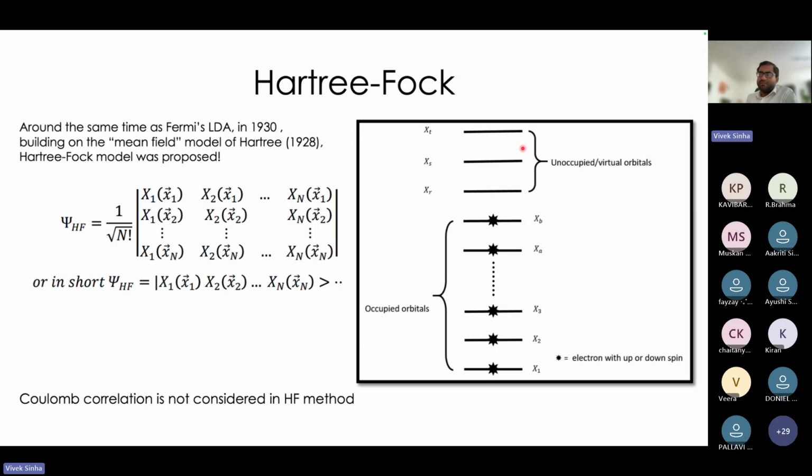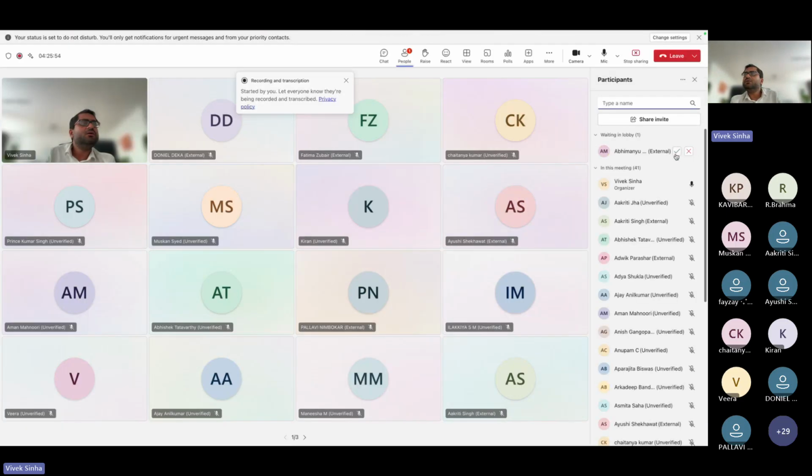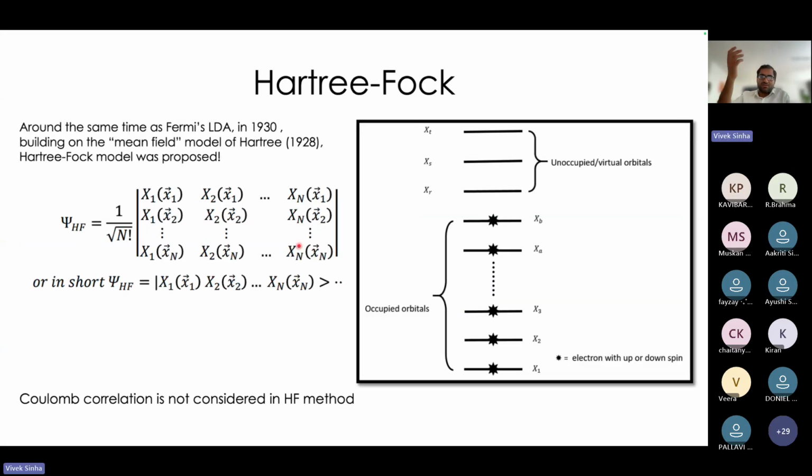So around the same time in the 1930s, when Fermi came up with this idea of adding the exchange interaction, the Hartree-Fock model was proposed, where you don't have to worry too much about the mathematical detail of it. What it essentially says is that if I have a multi-electron system, multiple orbitals, then I have to describe it using a determinant.